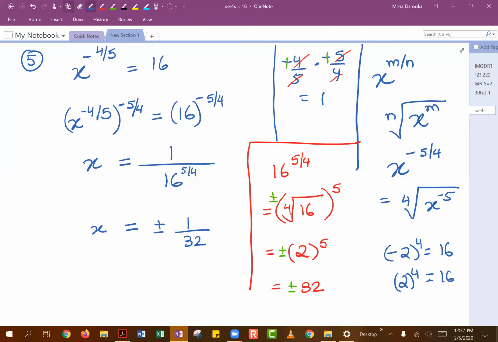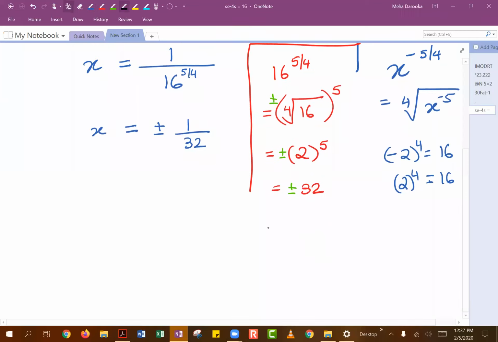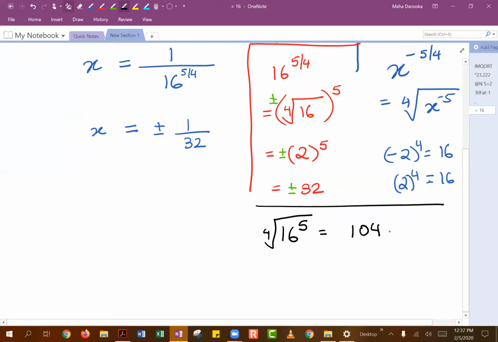If you took 16 and raised it to the 5th power, and let me actually show that to you down here, so first you raise it to the 5th power, and then you take the 4th root, which is going to be a really, really large value, because 16 raised to the 5th power is 1048576, and then you are taking the 4th root on that, right?